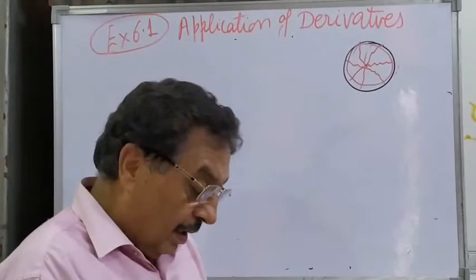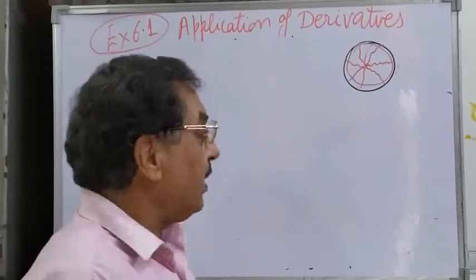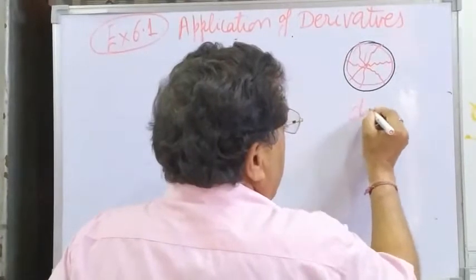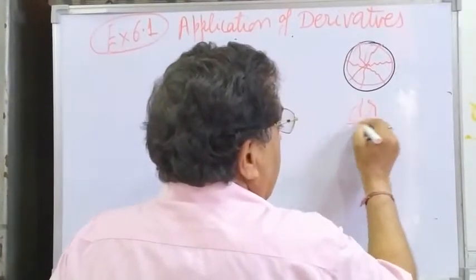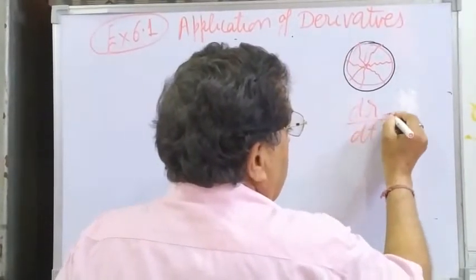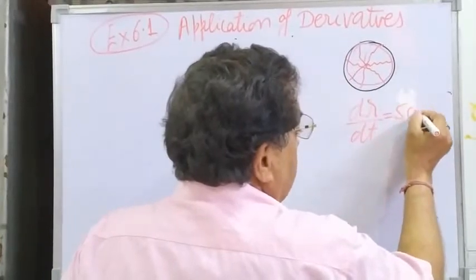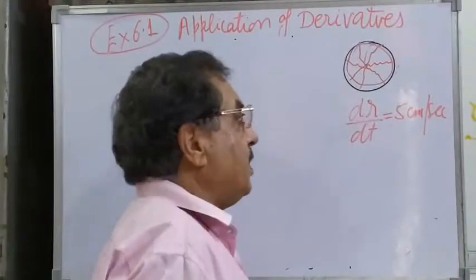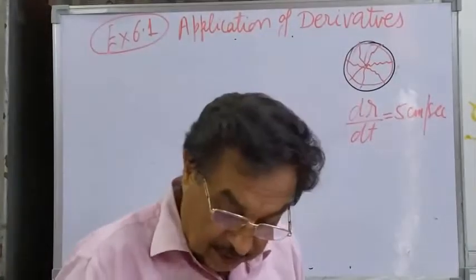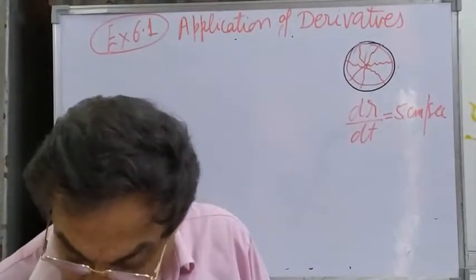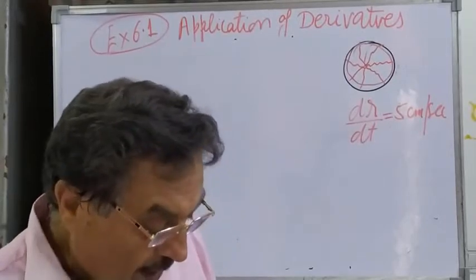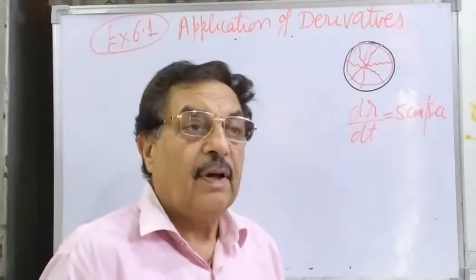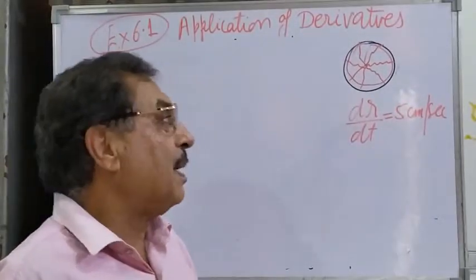The stone is dropped in a quiet lake and the wave moves in a circle at a speed of 5 centimeter per second. So the speed is dr by dt equal to 5 centimeter per second. Speed means rate of change of radius with respect to time.